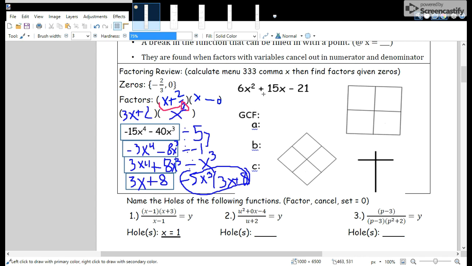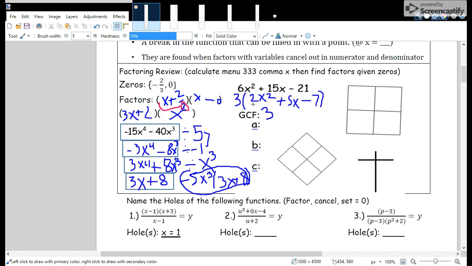Okay, now let's look at a factoring example. We have 6x squared plus 15x minus 21. First, you want to take out the GCF of these three numbers, which is 3. So if we factor that out, we have 3 times 2x squared plus 5x minus 7.